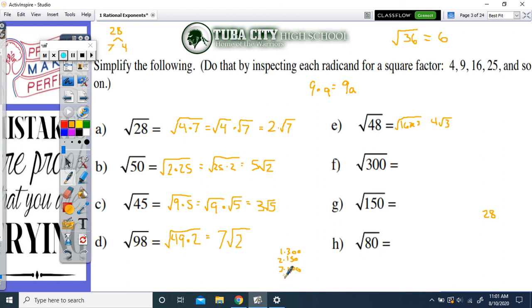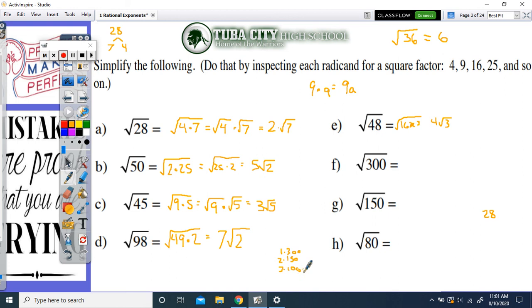I could divide it by 4, I could multiply a number by 5 to get 300, I could multiply a number by 6 to get 300, but we already arrived at our biggest square number that we could get, and that is 100.